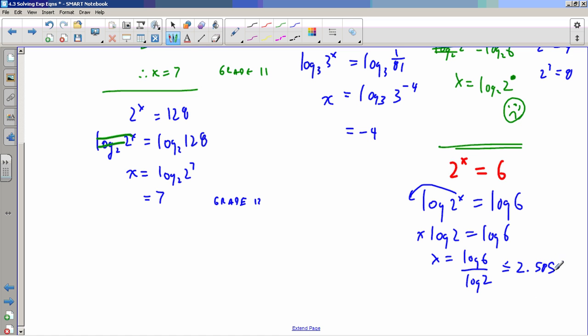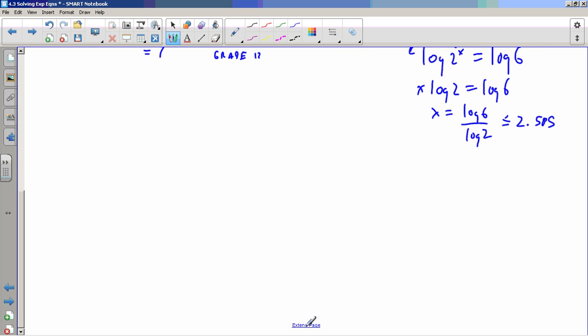So now suddenly I can get this very quickly using any base. In fact, this sort of technique, notice what I've got here, log base 2 of 6 is equal to the log of 6 over the log of 2. Log of the thing over the log of the base. This is a good formula.